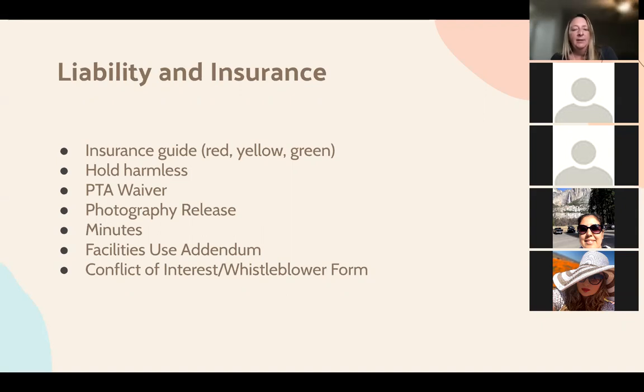In that guide, there are activities listed as red, yellow, and green events. So if you want to do an activity and you look in the insurance guide and it's on the red list, that means no. That means stop. You may not do those red activities. If your activity is listed on the yellow list, that means you might be able to.